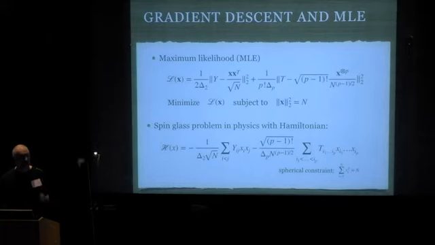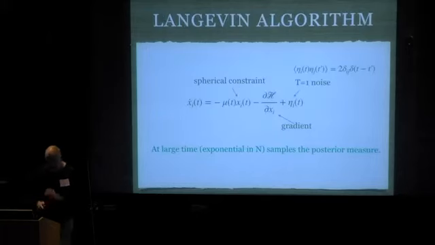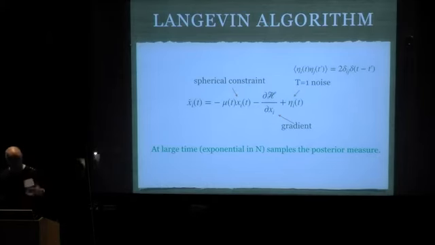So how do we analyze gradient descent here? The point is there is a large body of work on the Langevin algorithm for this problem. So the Langevin algorithm is written like this. You have each of the components of your vector, and you are doing something which is very close to a gradient descent. You have your spherical constraint, and on top of this, you have a noise.